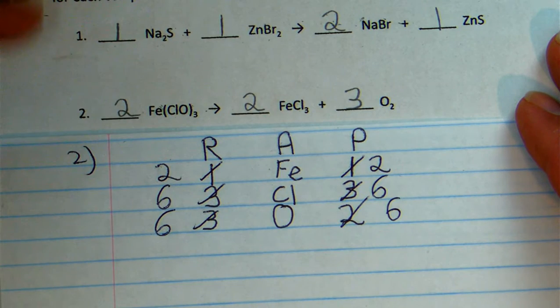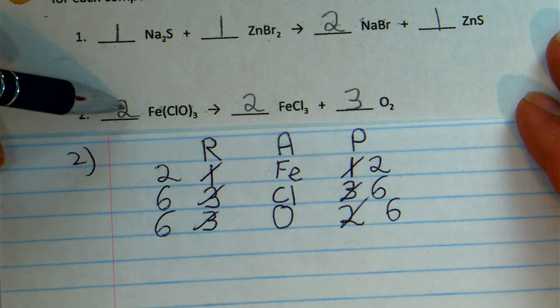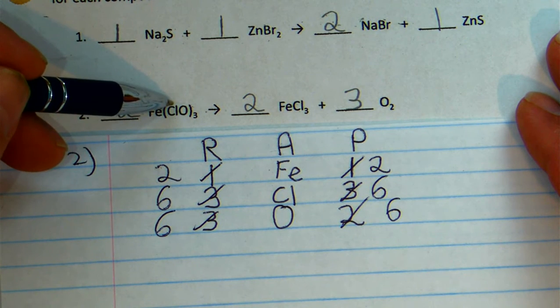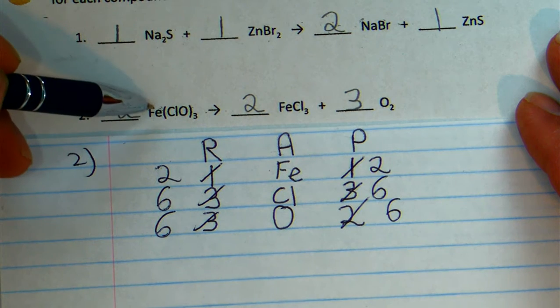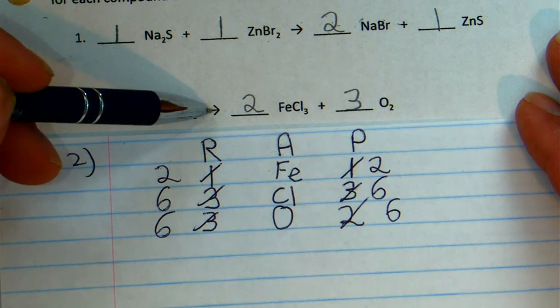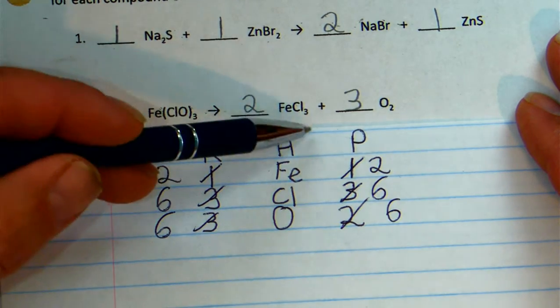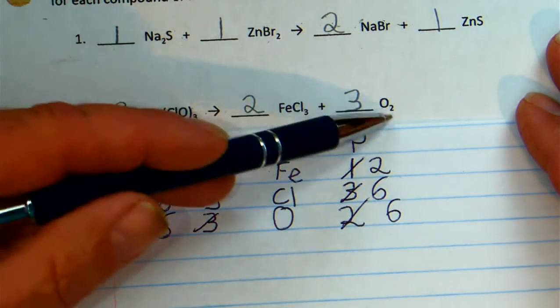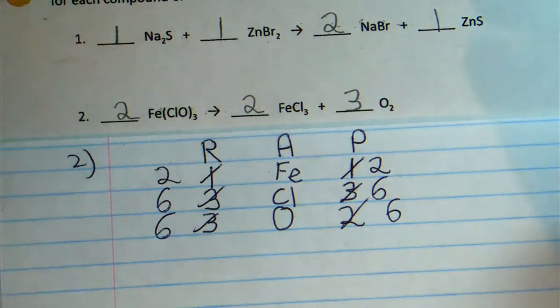And by the way, I should use a Roman numeral here too. So 2 iron 3 chlorides, chlorates, whatever that is, hypochlorites. 2 iron 3 hypochlorites decompose into 2 iron 3 chlorides plus 3 oxygen molecules.